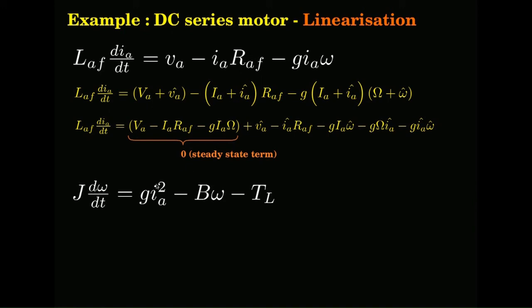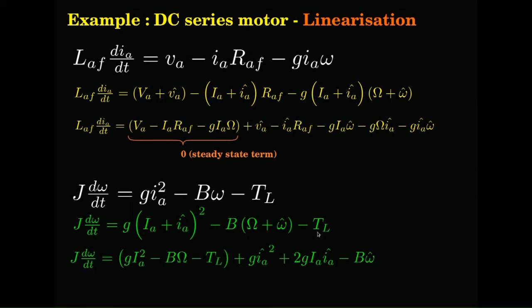And likewise for J d omega by dt also, you replace all the variables with their decomposed parts, the steady nominal operating point plus the deviations about the nominal operating point, and then by grouping you get a steady state term and small signal terms. Okay. Now, here, this I can remove. Now, here you see there is something here.